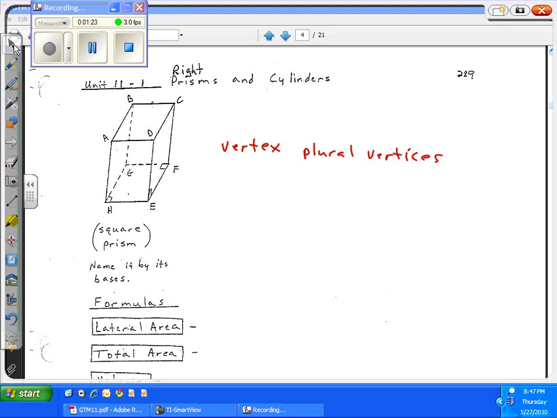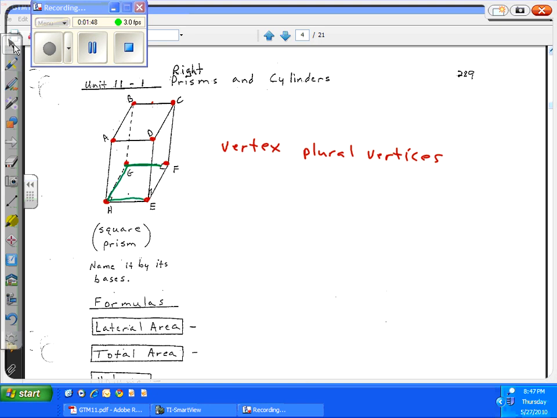So B is a vertex, C is a vertex, point D is a vertex, point A is a vertex, point G is a vertex, point F is a vertex, point E is a vertex, and point H is a vertex. Now, a prism has a top and bottom that are congruent.